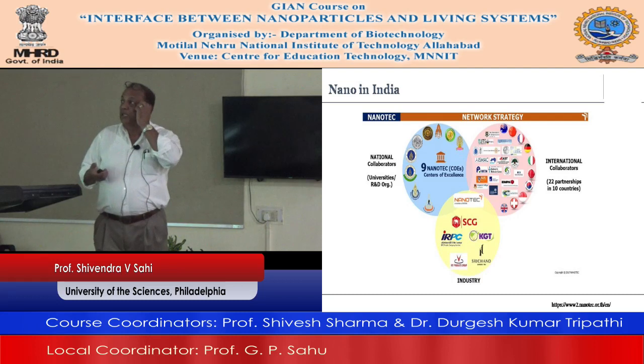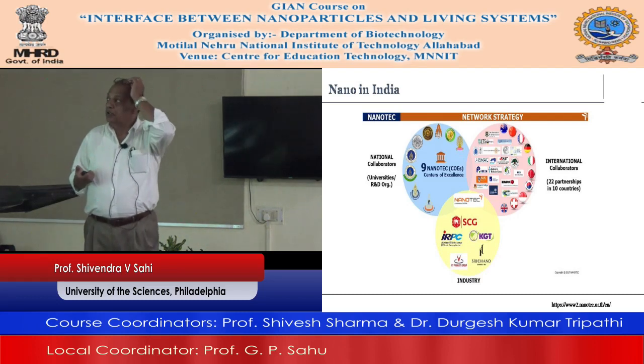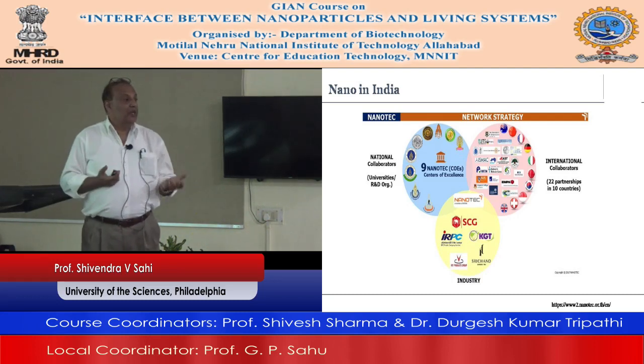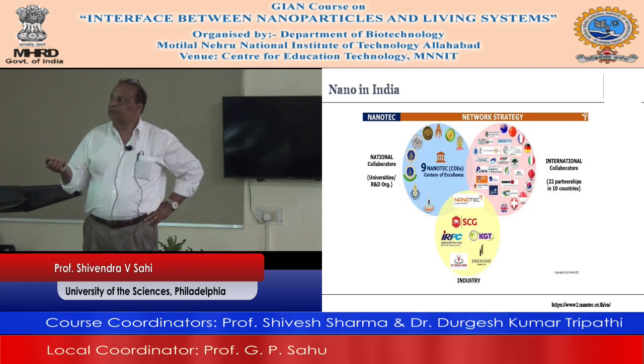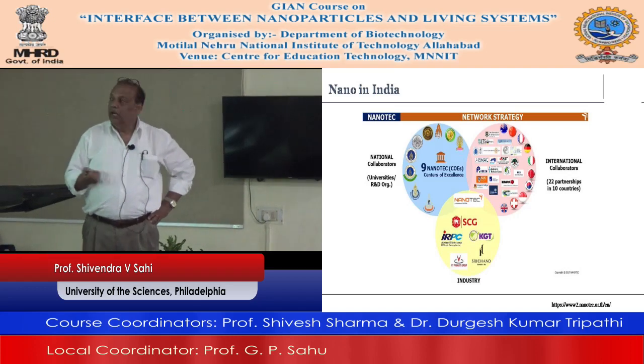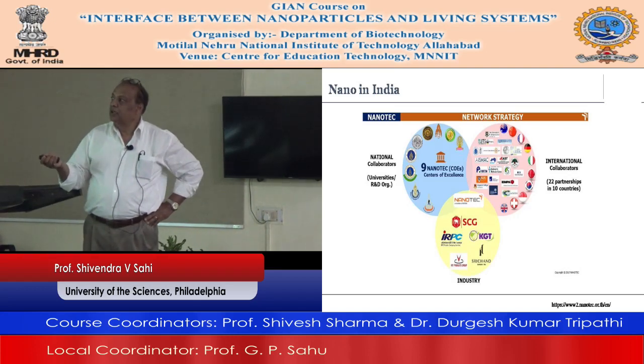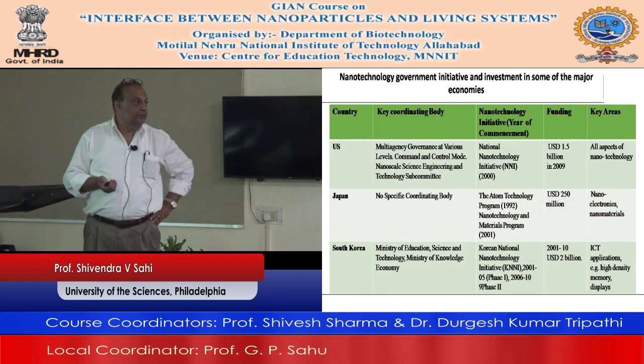If you look at the different countries and their governmental initiatives to develop nanotechnology, of course the U.S. was the first one to develop the National Nanotechnology Initiative in 2000.